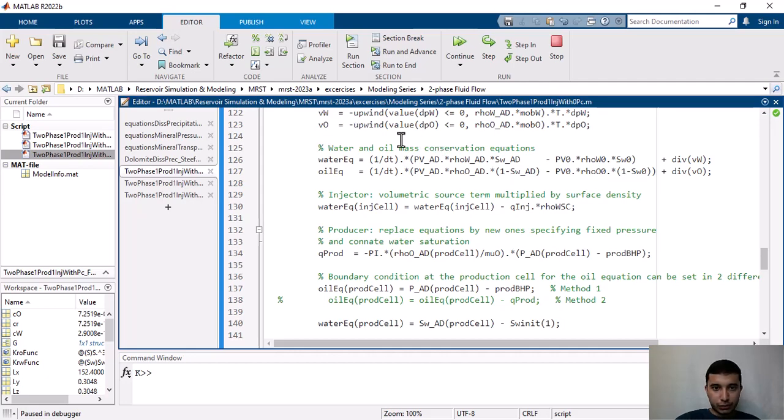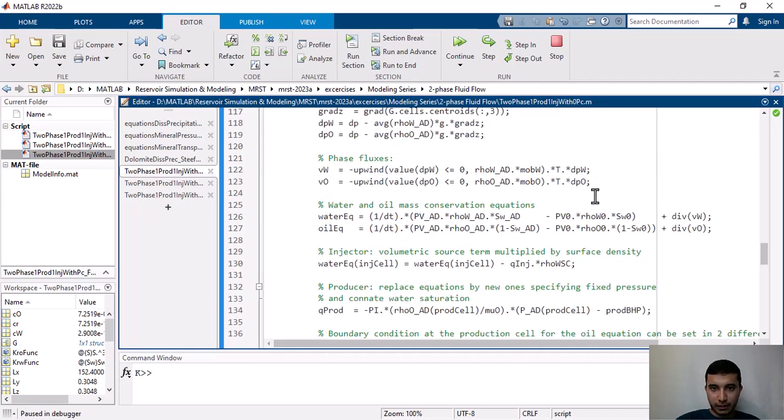Here, using the properties that we previously calculated, we have written the governing equations: the water pressure equation and the oil pressure equation. This is the accumulation term of the water pressure equation, and this is the flux term for the water pressure equation.